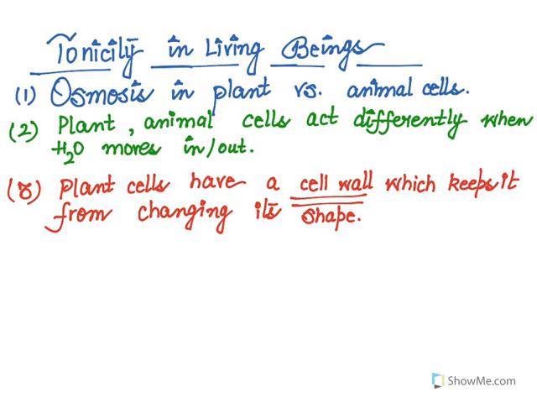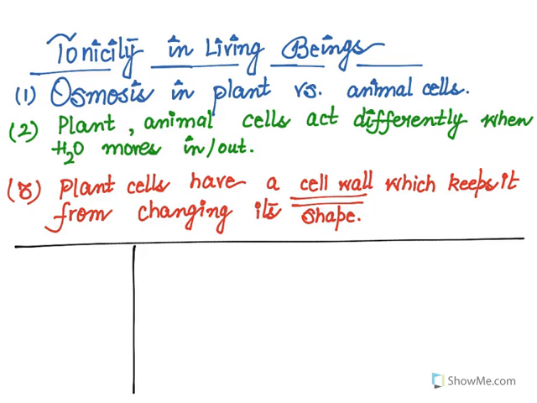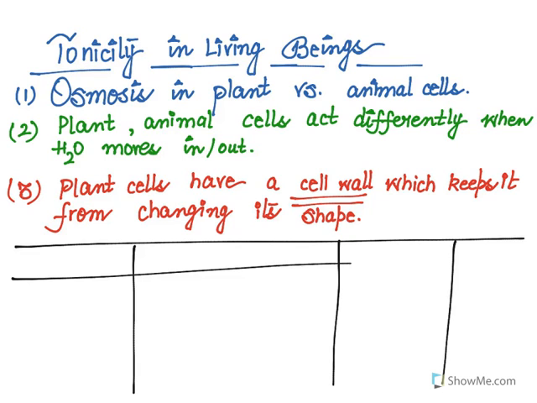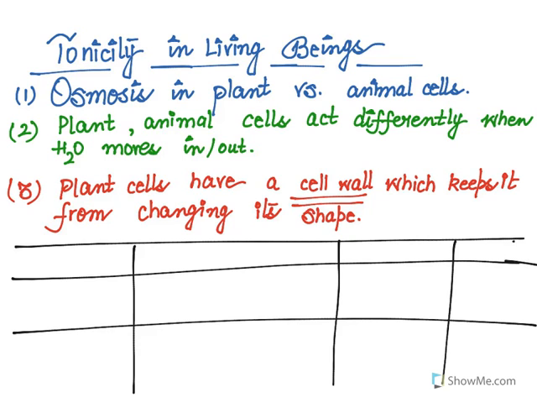All right, so again, we will make a T-chart here where we are going to have a comparison going. My lines are not very straight, but all right, again, the same thing, hypertonic, and how it changes the cells.